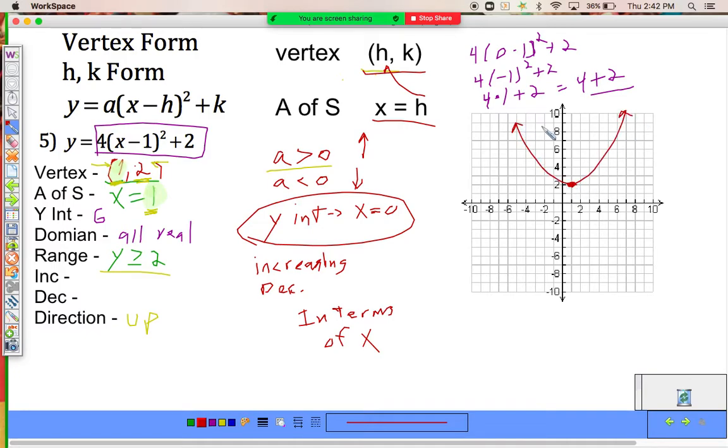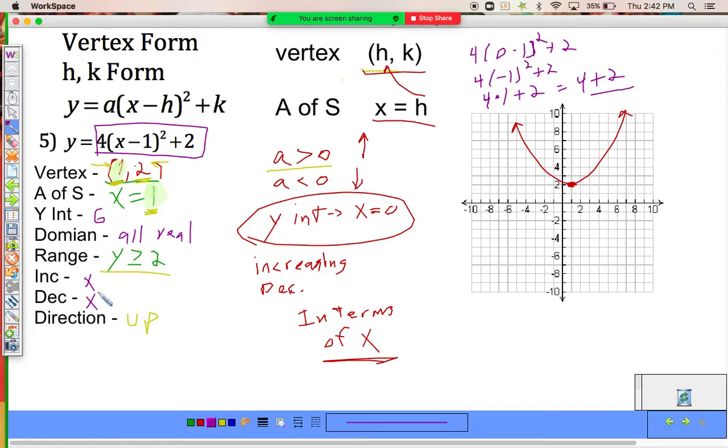All right, so this is the new part. Increasing and decreasing. What we want to find, in terms of x, is what x values my graph is increasing and what x values my graph is decreasing.